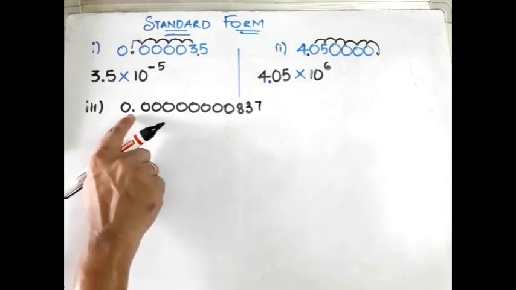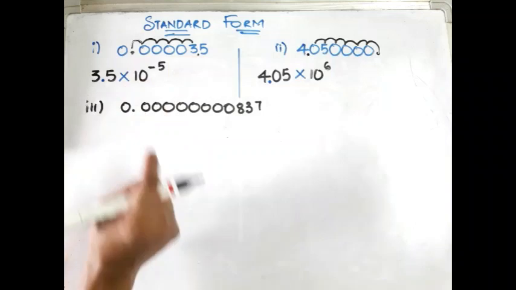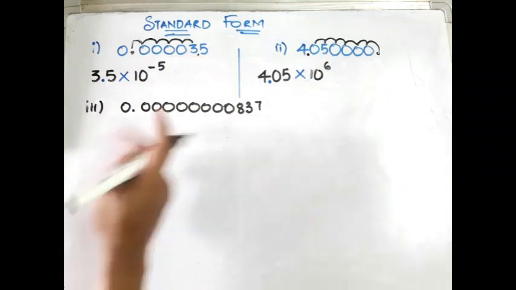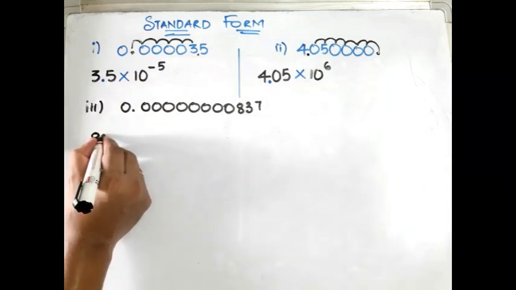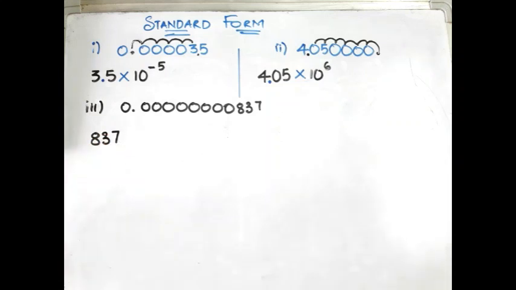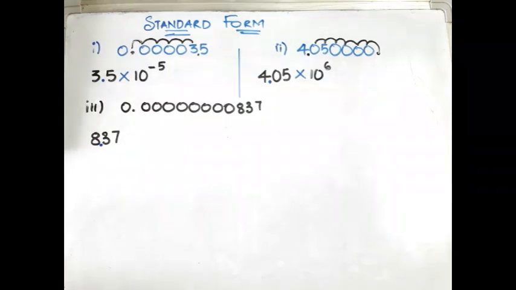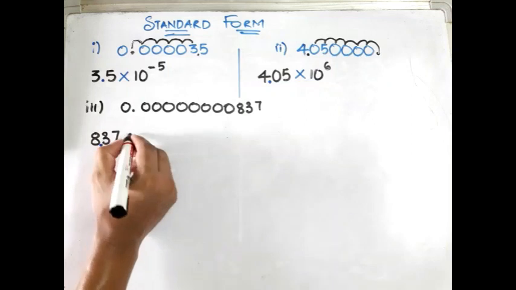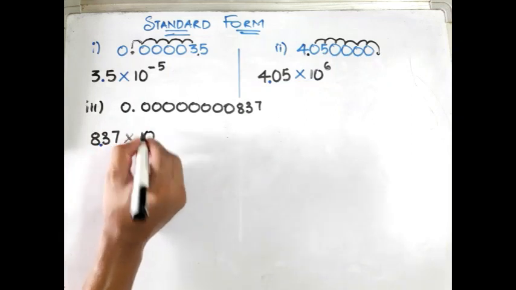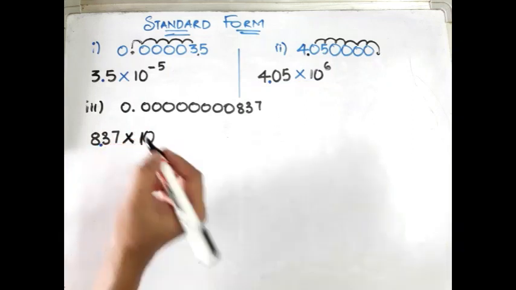Okay, here we have a decimal. Please observe carefully. What is the number we have? 837. As a general rule, you will take the decimal after 8. After 8. Now, into 10 will come as it is.